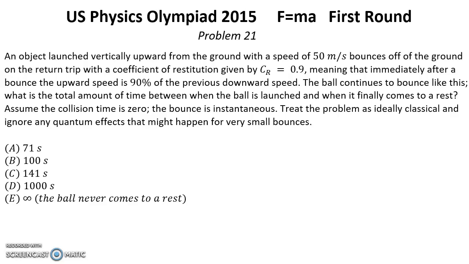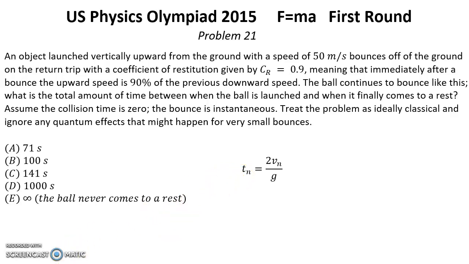Solution. First we can write an expression for the time of flight. Each time after a bounce, the time of flight is equal to 2v over g, where n is the number of collisions. To find the total time, we need to sum all of these times Tn.